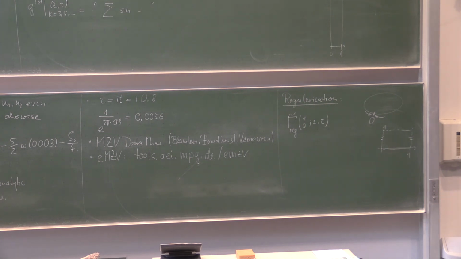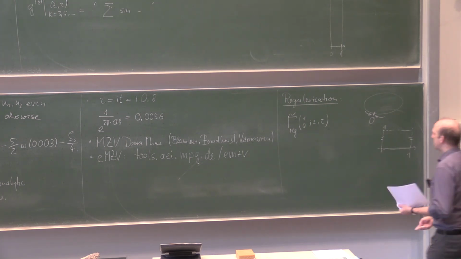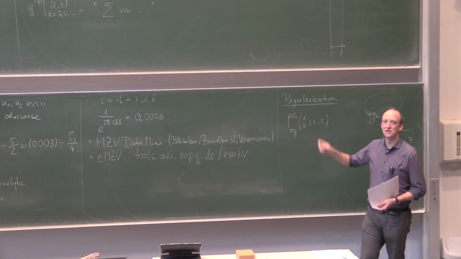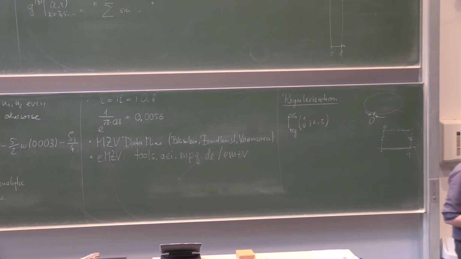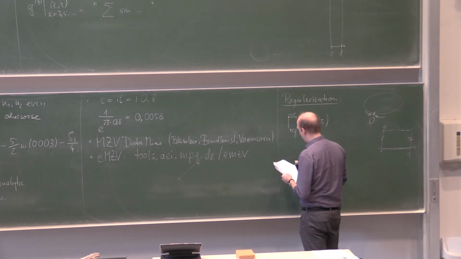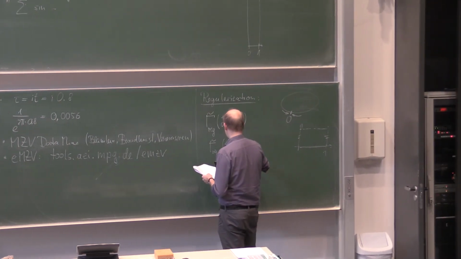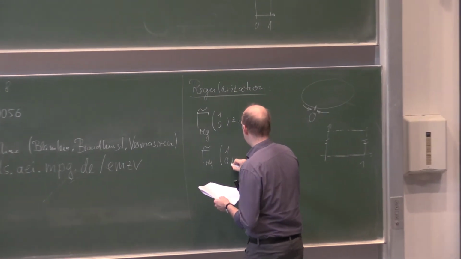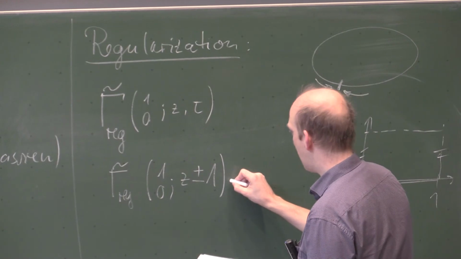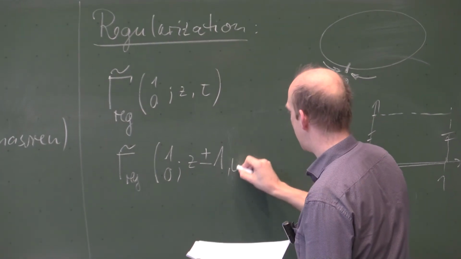So sorting out the regulation of these gamma tilde reg, which is just the integral over G1, is a nifty business. You have to carefully select where you put the branch cut of the logarithm, and you can derive things like gamma tilde regulated of 1, 0 of z plus minus 1 and tau.